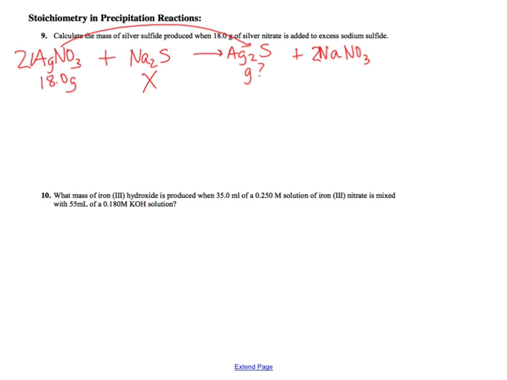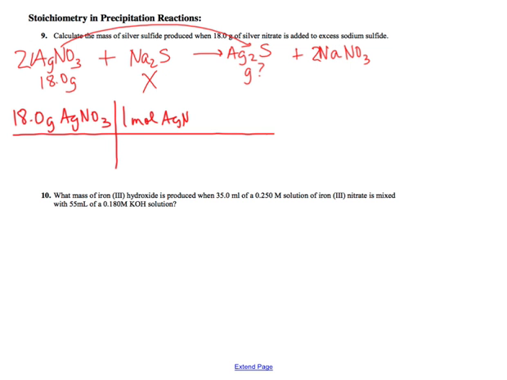So what do we start with? 18.0 grams of AgNO3. What do we want to convert grams to? Moles. So for every 1 mole of AgNO3 I have, it's 179 point something. That's what I need y'all to figure out.